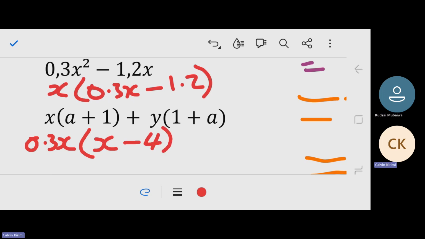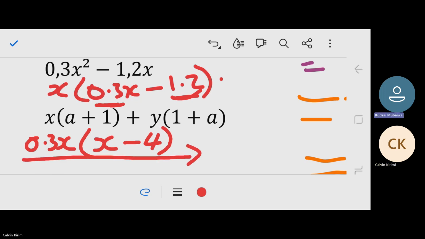So instead of writing it like this, you're supposed to do this because it's a common factor. You had not factored it out. There's 0.3 in 0.3x, there's also 0.3 in 1.2. So you must move it to simplified form. You must divide by the smallest number, and the highest common factor in x is x.